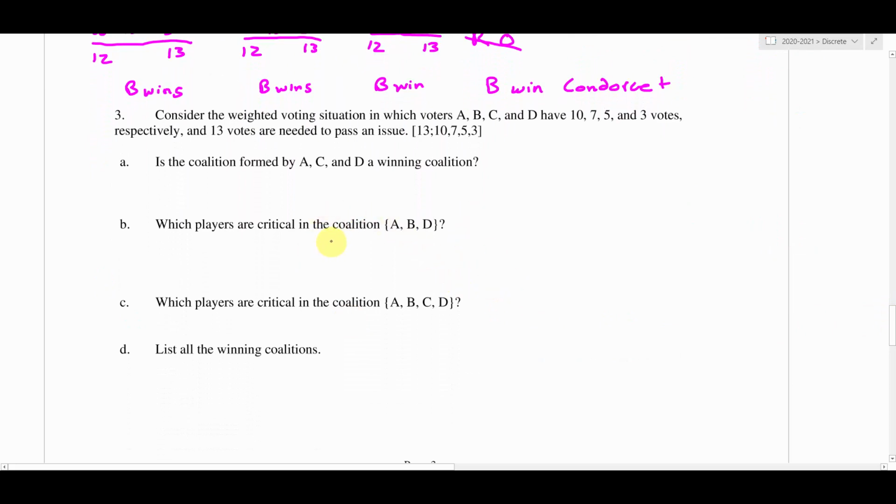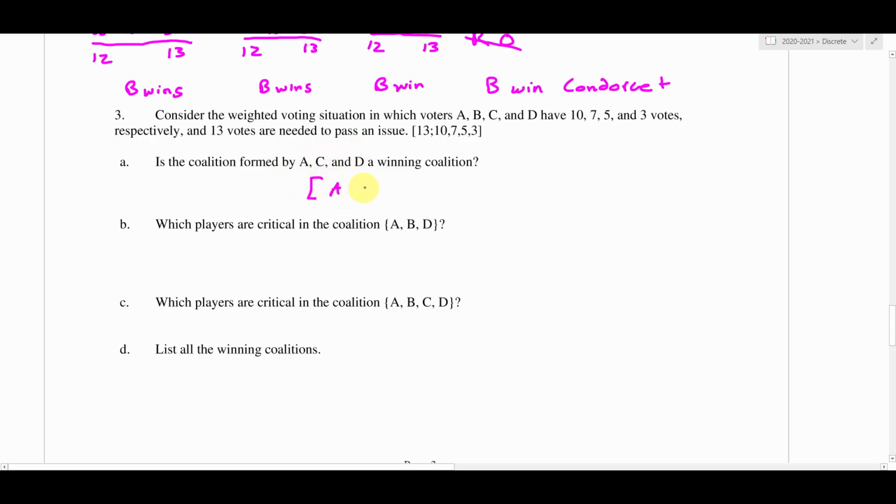All right, let's take a look at number 3, and this is where we get into the weighted voting situation. So remember how these weighted voting situations are written out. That first number that we see is the quota, and then each of these numbers are the corresponding weights for our 4 players, A, B, C, and D. All right, so the first question they might ask is, is the coalition formed by A, C, and D a winning coalition?